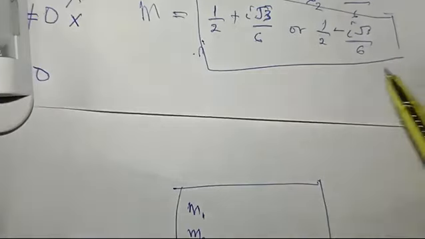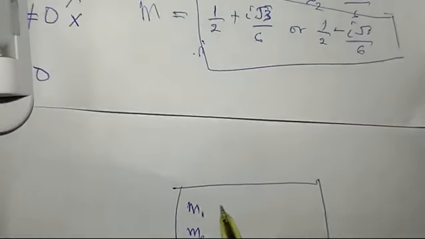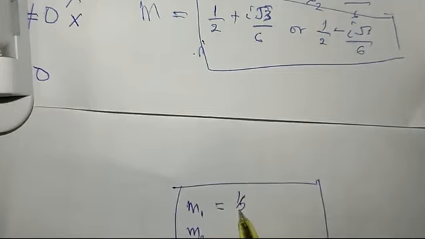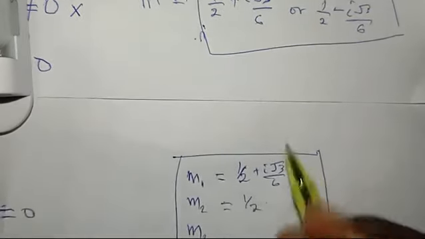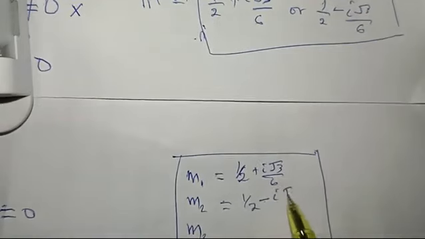So these are the first two values of m, and of course let me just put it right here. So m1 is 1 over 2 plus i root 3 divided by 6, and then m2 will be 1 over 2 minus i root 3 divided by 6 also.